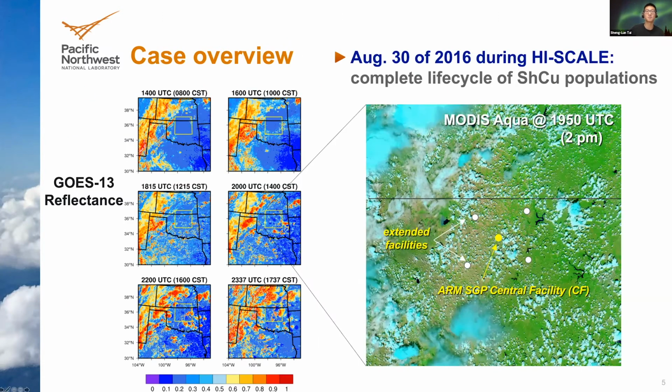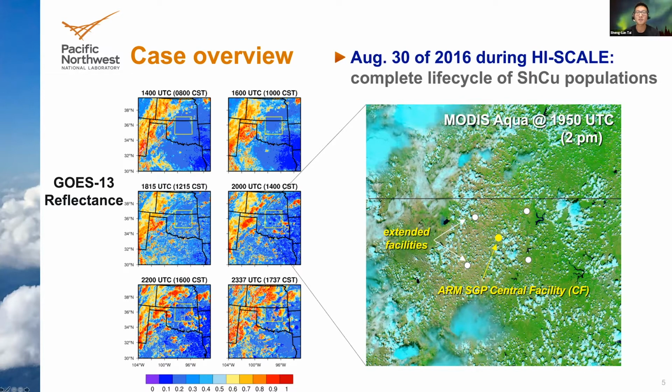Okay. So, just an overview of our study case. There was a case observed on August 30th, 2016, during the HI-SCALE field campaign, which was selected for our study since a complete life cycle of shallow cumulus occurred near our domain of interest, near the ARM SGP site.